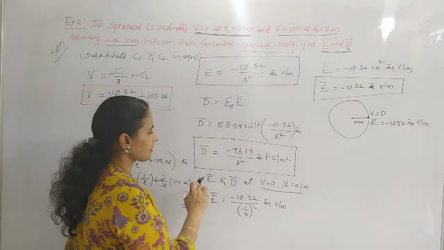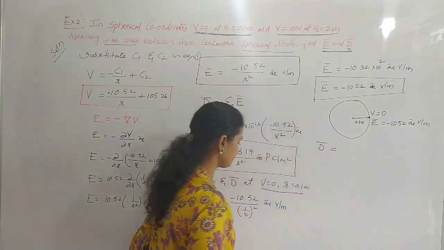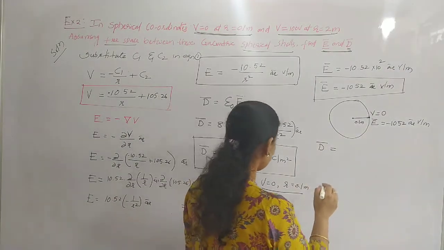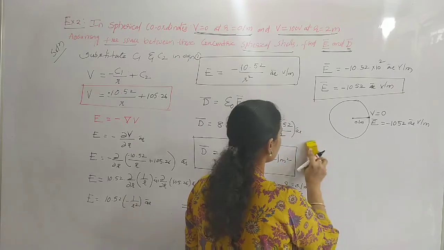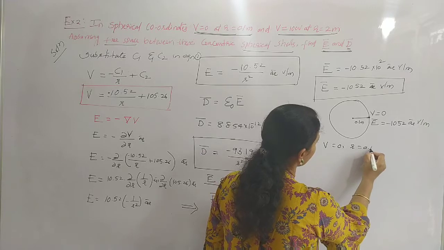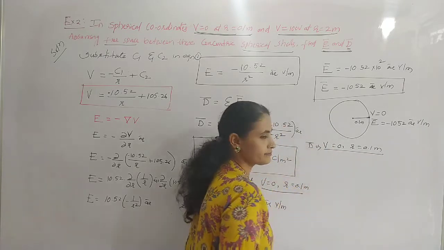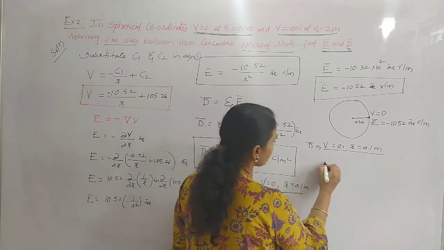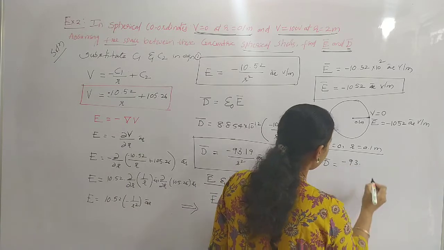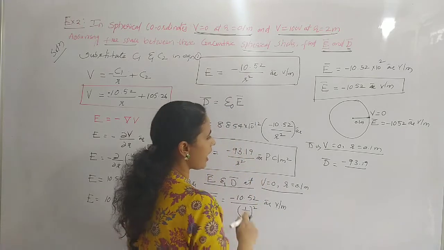In the same way, let us find the flux density at V equal to 0 and R equal to 0.1 meters. The flux density D bar is given by what we obtained, minus 93.19 by R square.